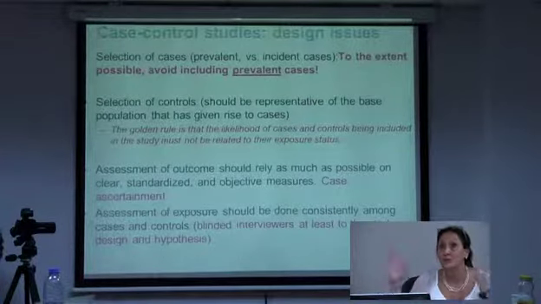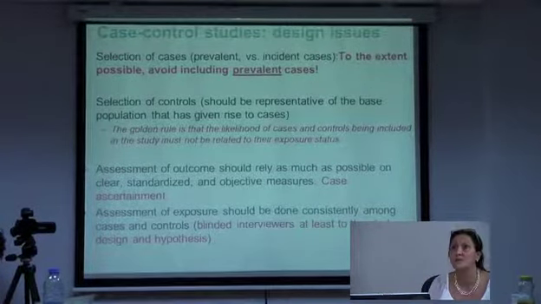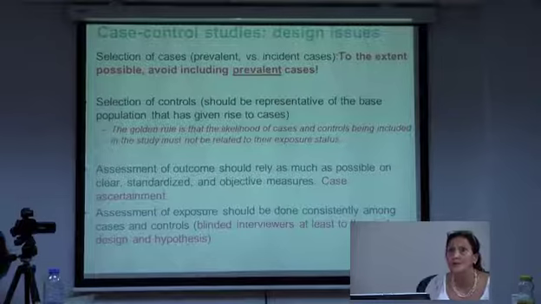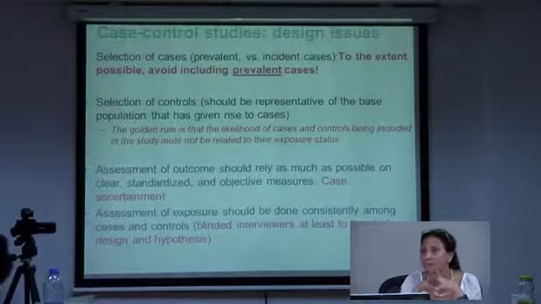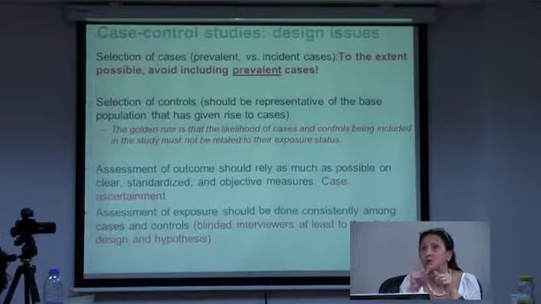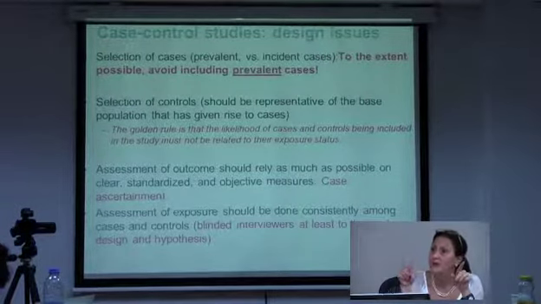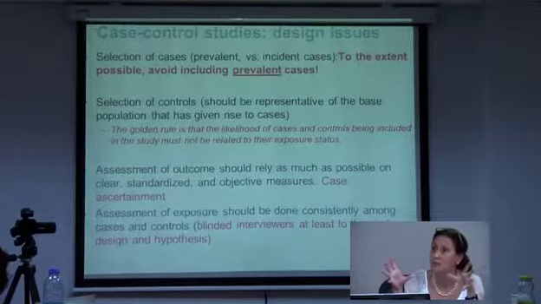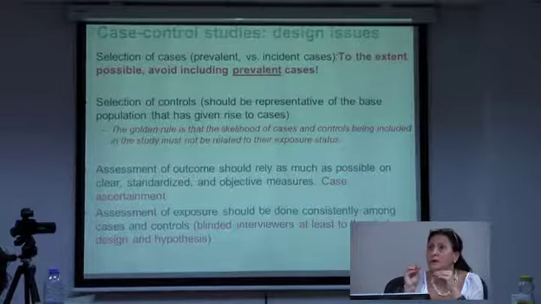Again, just quickly, in terms of selection of cases, prevalent versus incident, use incident as much as possible, avoid prevalent cases. The golden rule for the selection of control is that the control should represent the prevalence of the exposure in the general population.